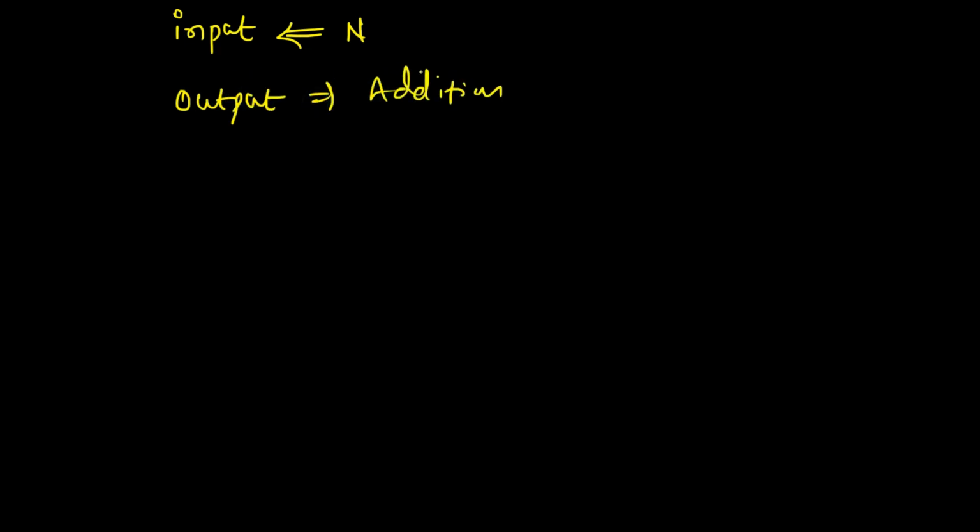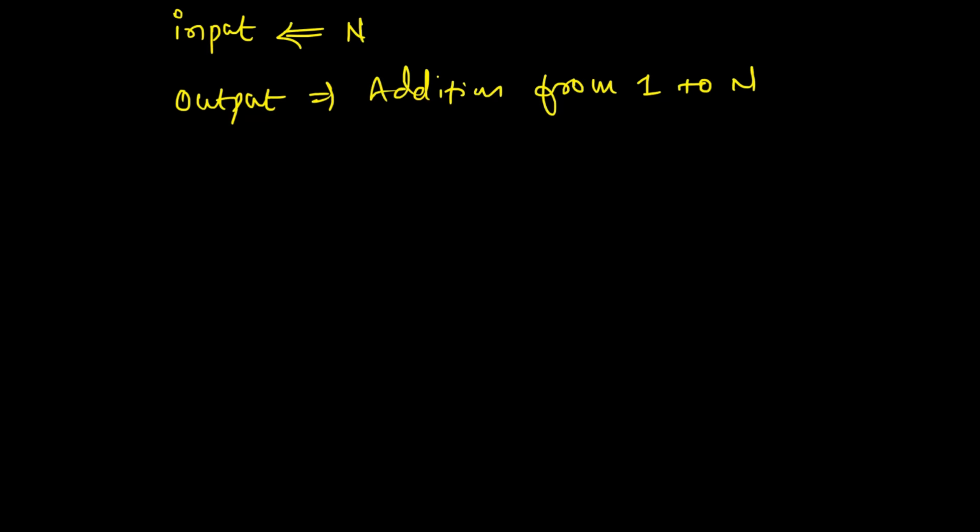So what should be the input for this algorithm? Input would be the last term, output would be the addition from 1 to n, right? So how do we solve this problem?